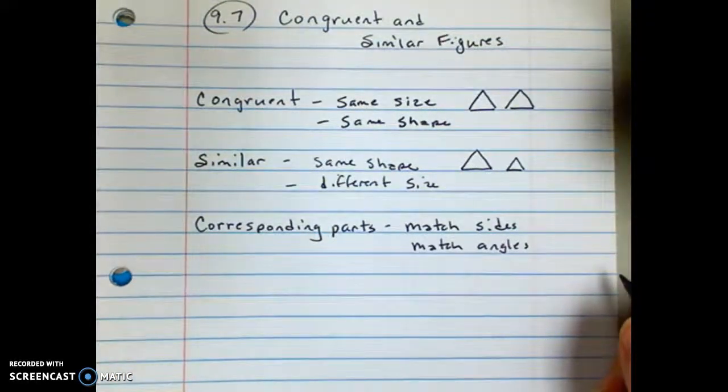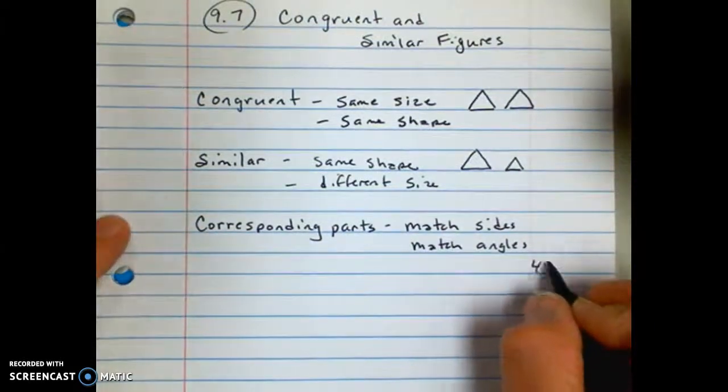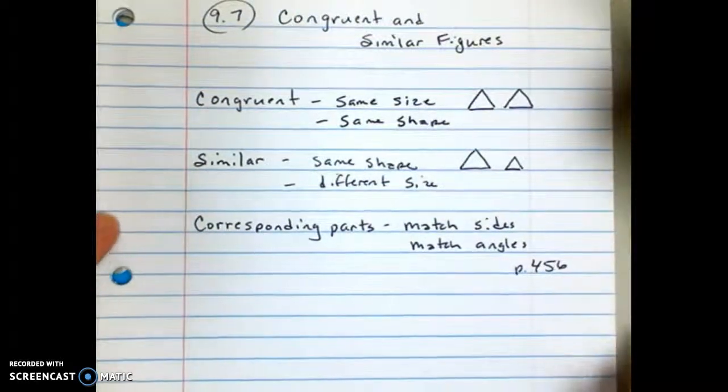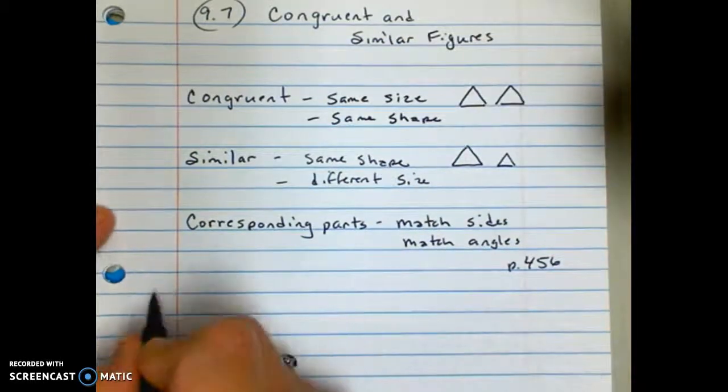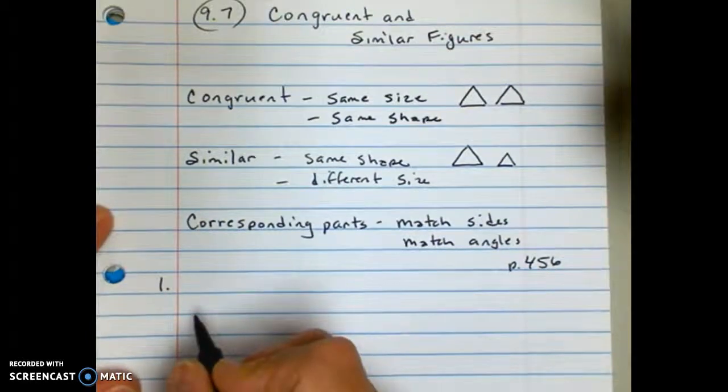We're going to start our lesson today on page 456. So 456. And we'll start with number 1. We're going to tell whether the statement is true or false. And our first statement is triangle VUW is congruent or identical to triangle XYZ. So we have those two triangles.